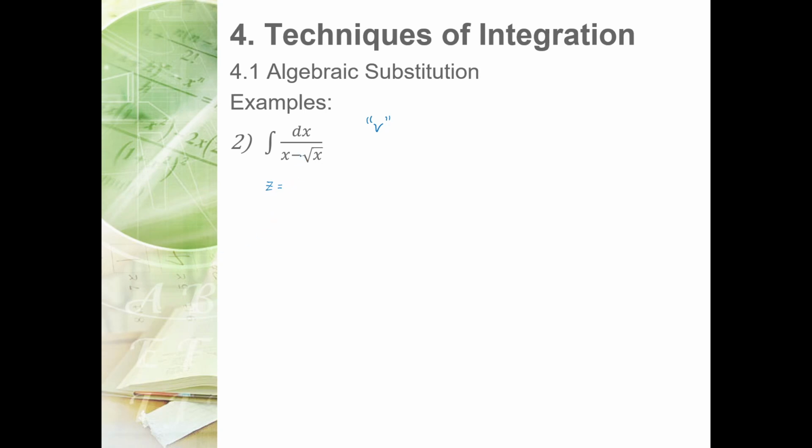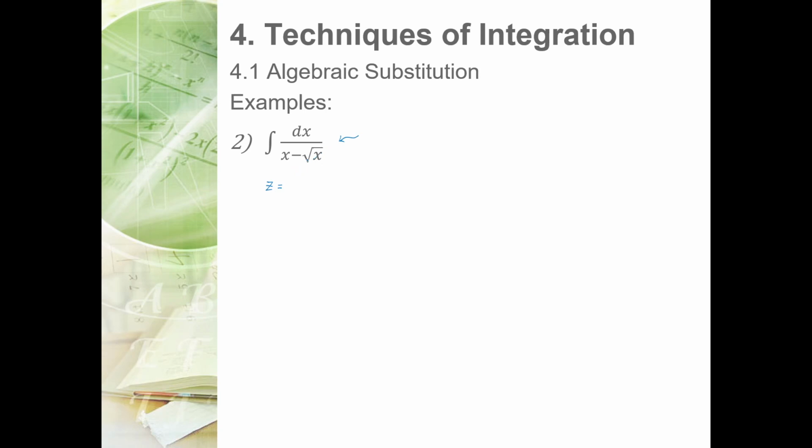Okay, so again, the concept of your algebraic substitution is for you to be able to reach a simpler version of the given equation. Instead of this one, we need to represent it in a different manner, in a simpler version.